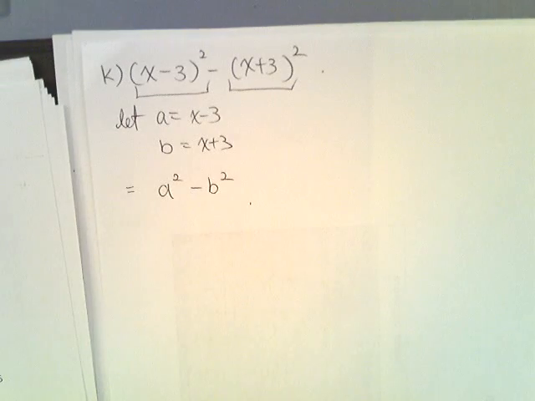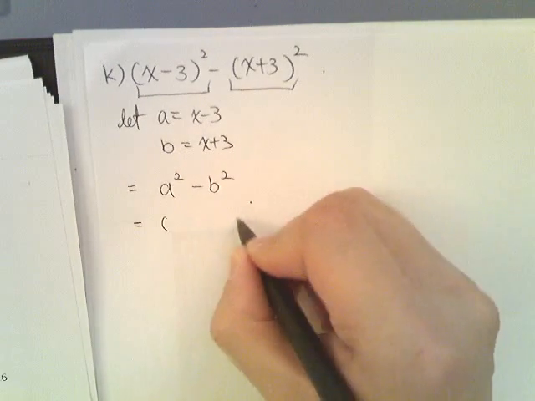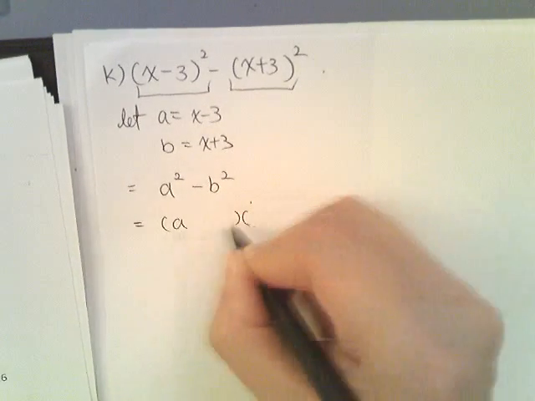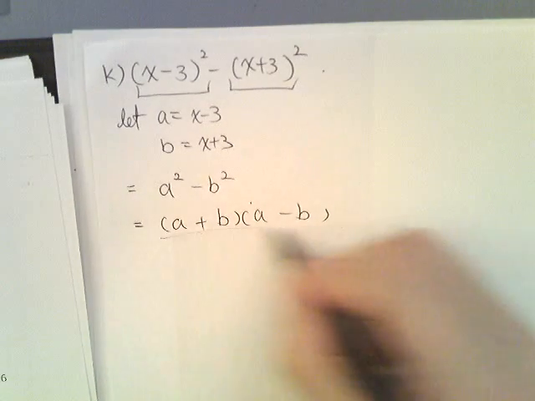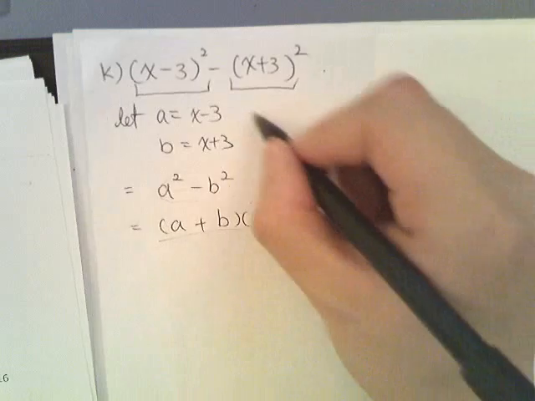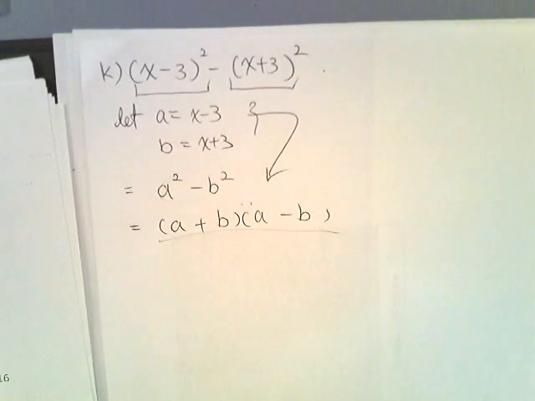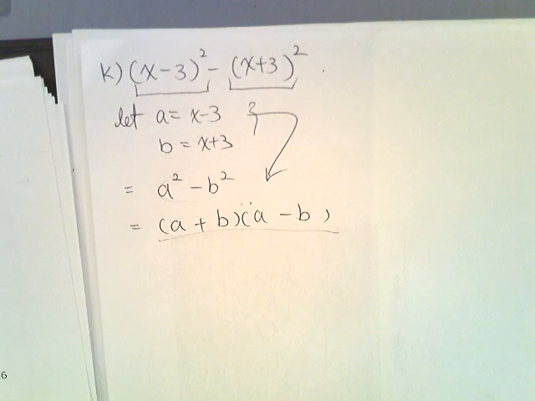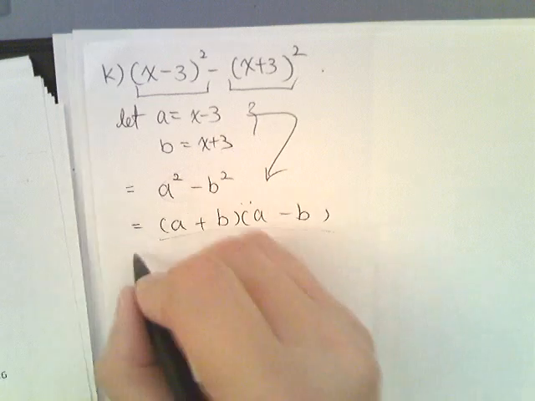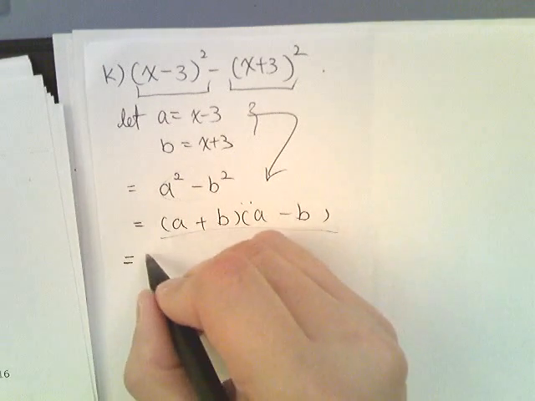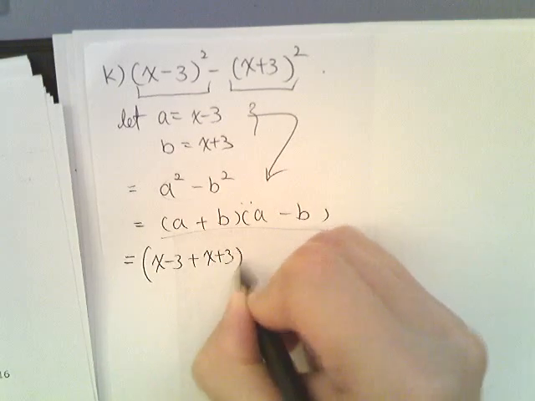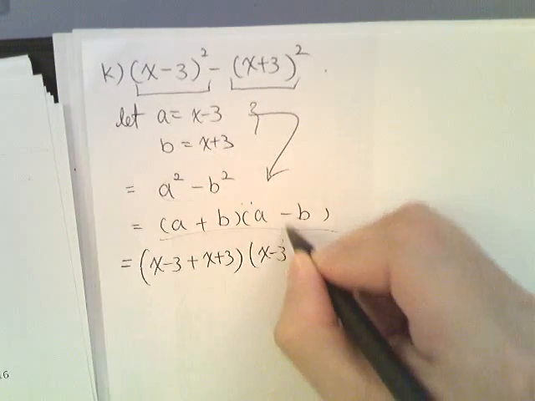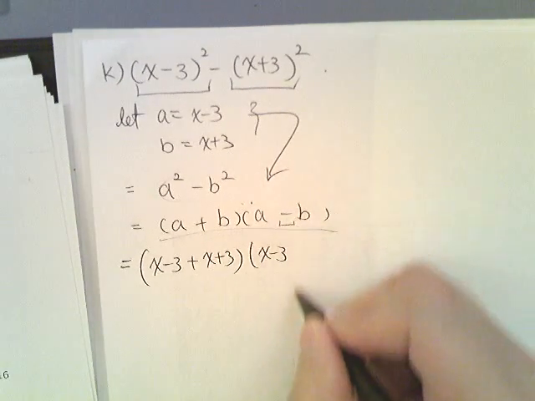This looks more familiar to you. If I take these and factor these, I will have a plus b, a minus b. Once you factor a squared minus b squared, substitute x minus 3 and x plus 3 back into the expression. So then I have x minus 3 plus x plus 3, and then x minus 3. Now, negative, really be careful, okay?